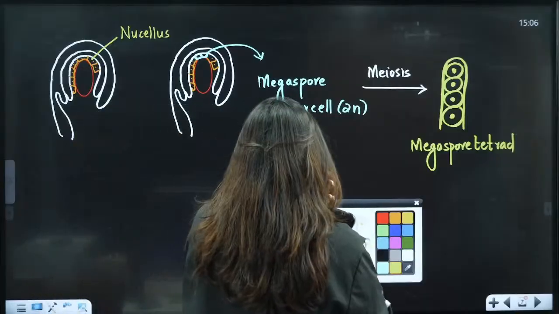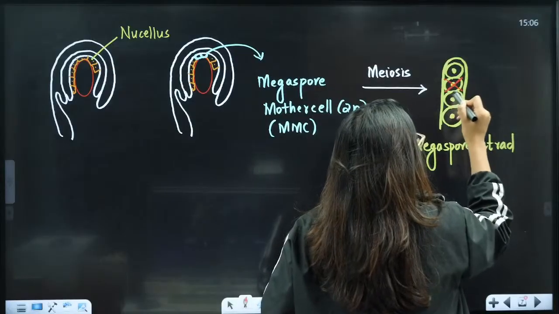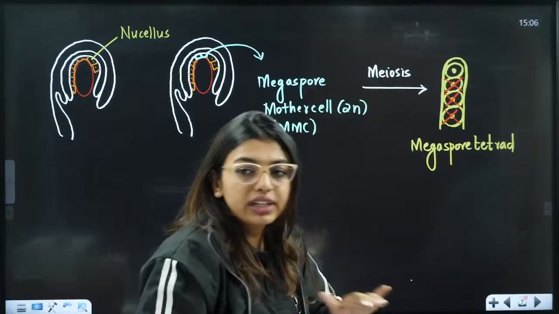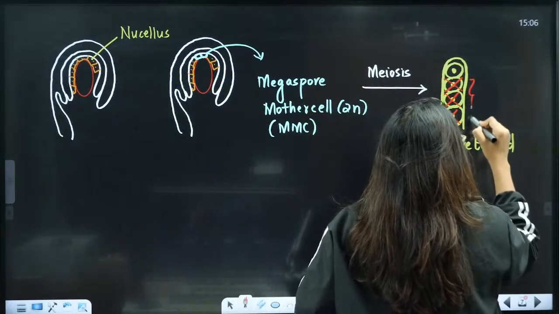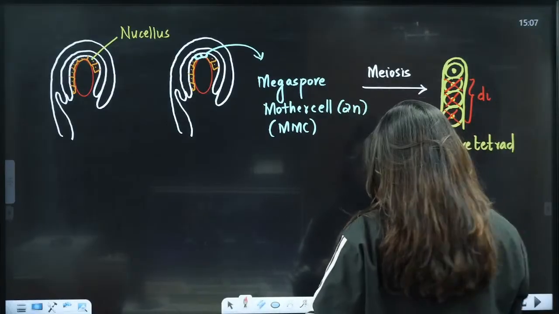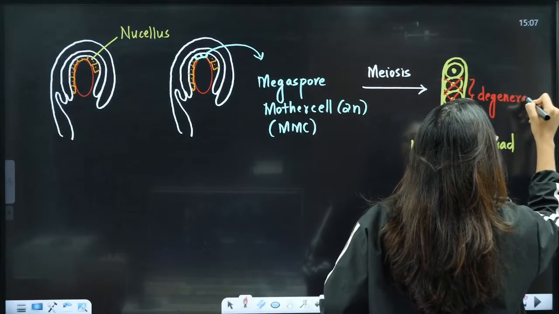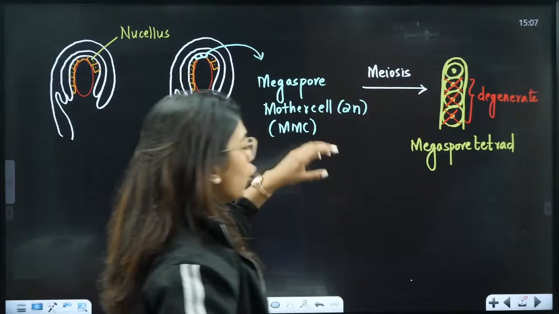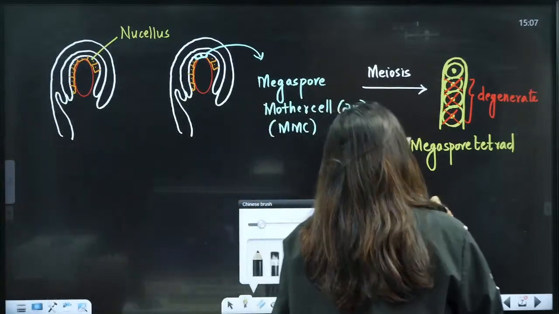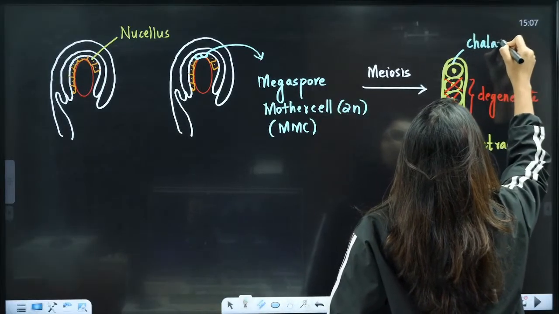Remember carefully that out of the 4 of them, 3 are going to degenerate or disintegrate. The only one that is going to survive is the one near the chalazal end. This is important from the NEET point of view.